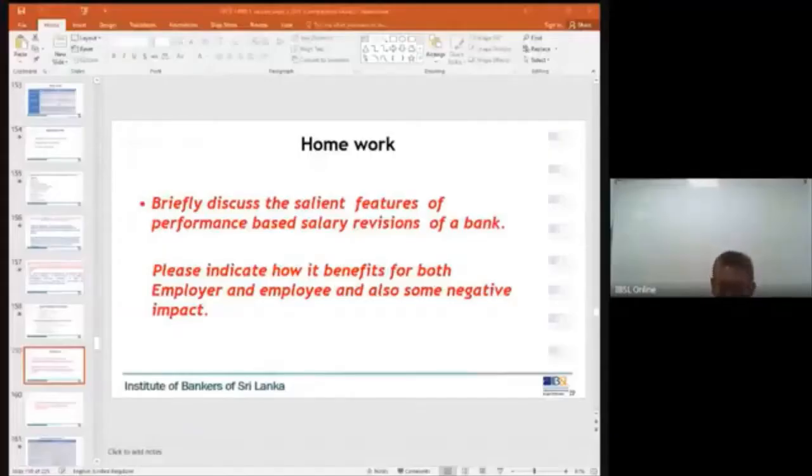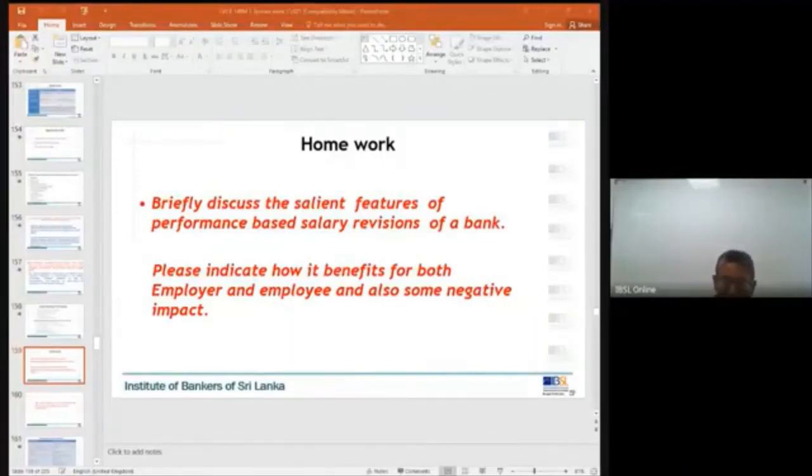And that is what you call financial mis-selling. You're not selling the product in a proper manner. You're trying to cheat the customer and sell, because why? Your salary is based on your performance. So those are some of the bad sides.